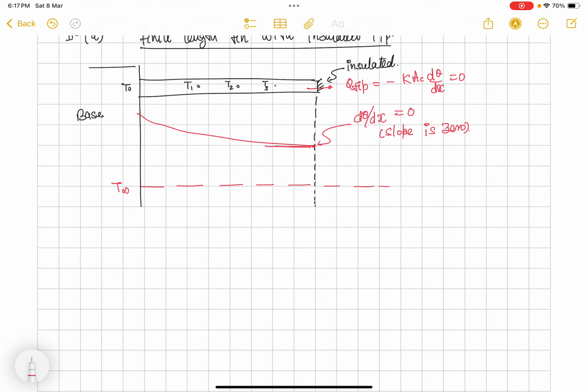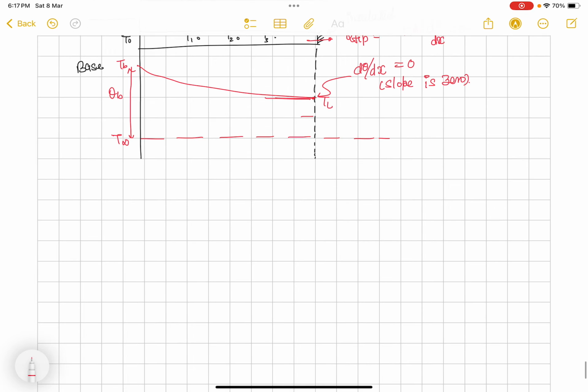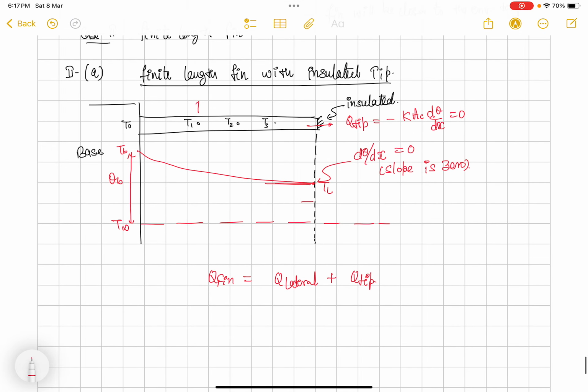All right, so this temperature will have some T_L, and the excess temperature on the base side is the same, theta_b. So the fin, in a sense, can participate in heat transfer from both lateral sides as well as from the tip. Lateral side, what I mean is like the perimeter of this, and from the tip also, right?